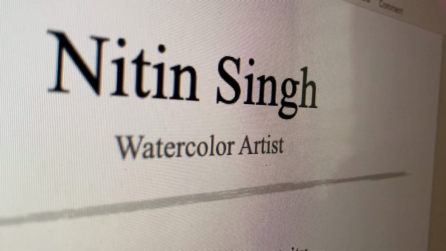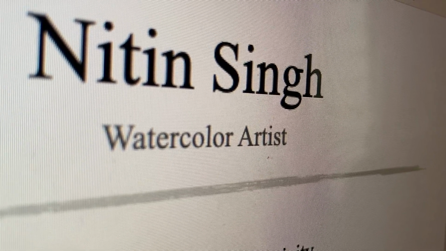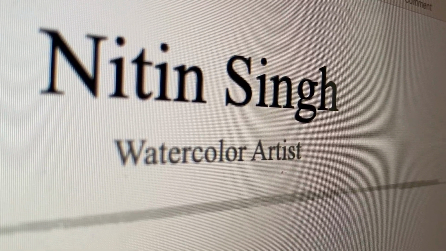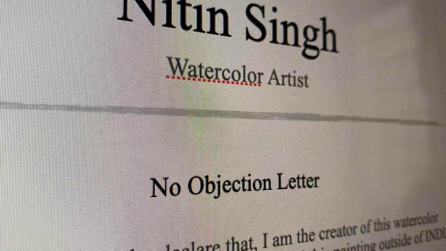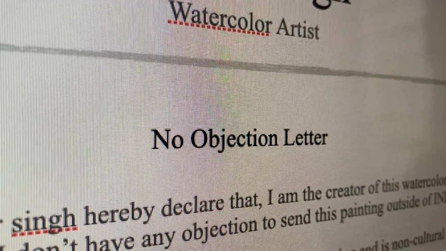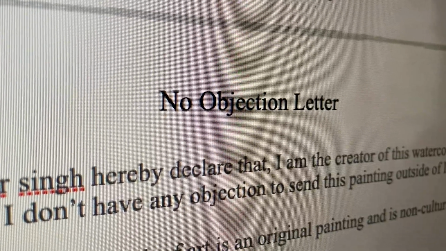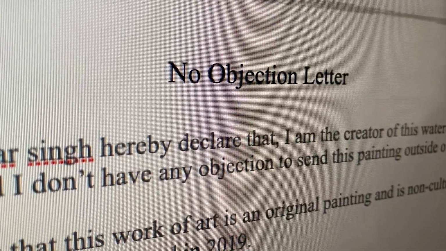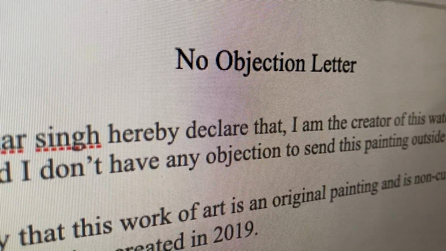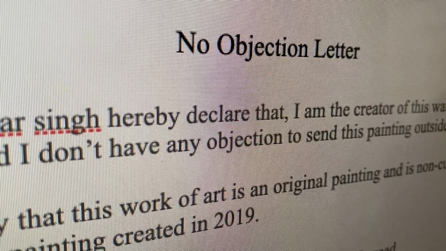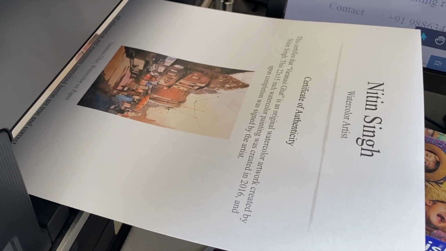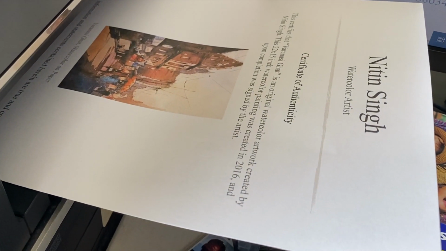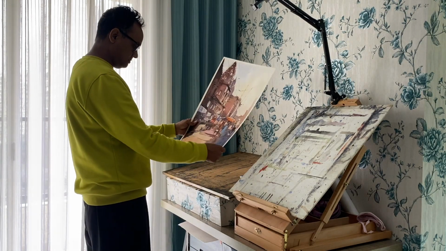I include this certificate along with the painting when I send it to the buyer. Apart from that, we have a no objection letter, which I also have to provide, and I take a printout of this.